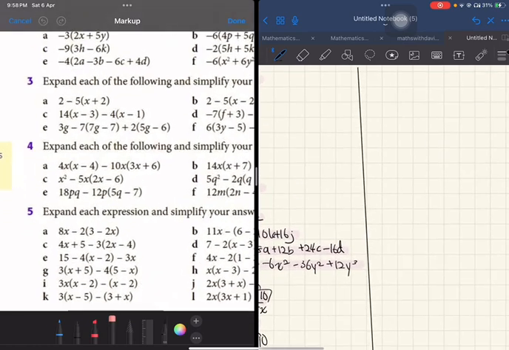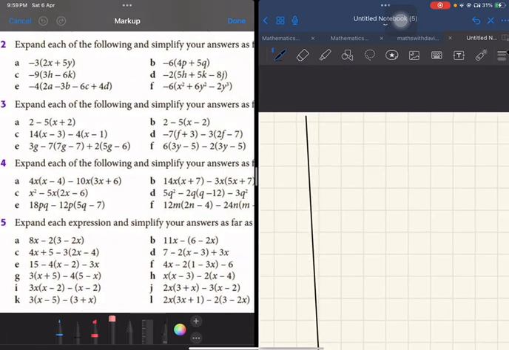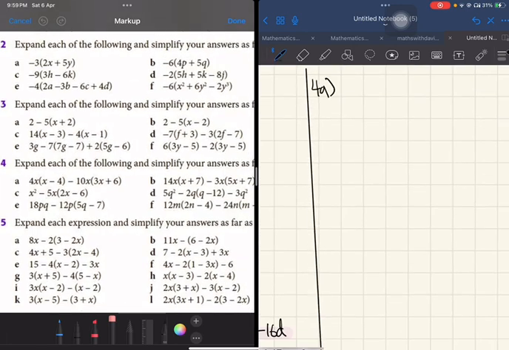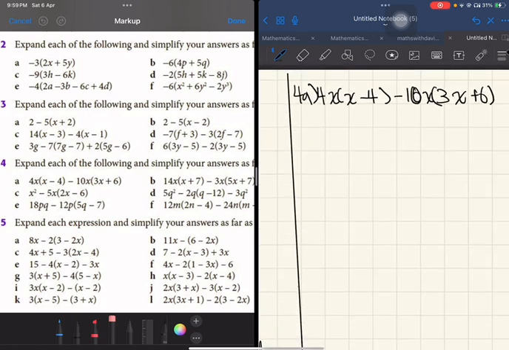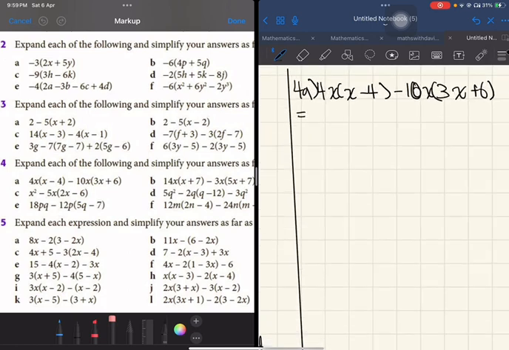Okay, question 4. Alright, so for A, 4x times x subtracted by 4, and then 10x times 3x plus 6. Okay, so 4x times x, you're gonna get 4x squared. And then positive 4x times negative 4, you're going to get negative 16x.